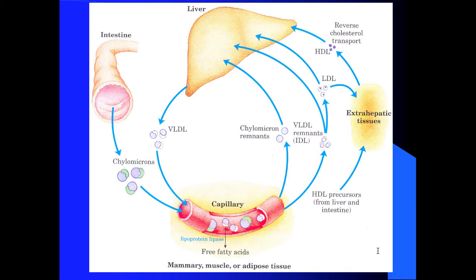Because intracellular cholesterol is what's driving LDL receptor numbers. So if intracellular cholesterol goes down, LDL receptors go up. So what happens? More LDL are cleared from the blood. So what happens to blood LDL cholesterol values? They go down.